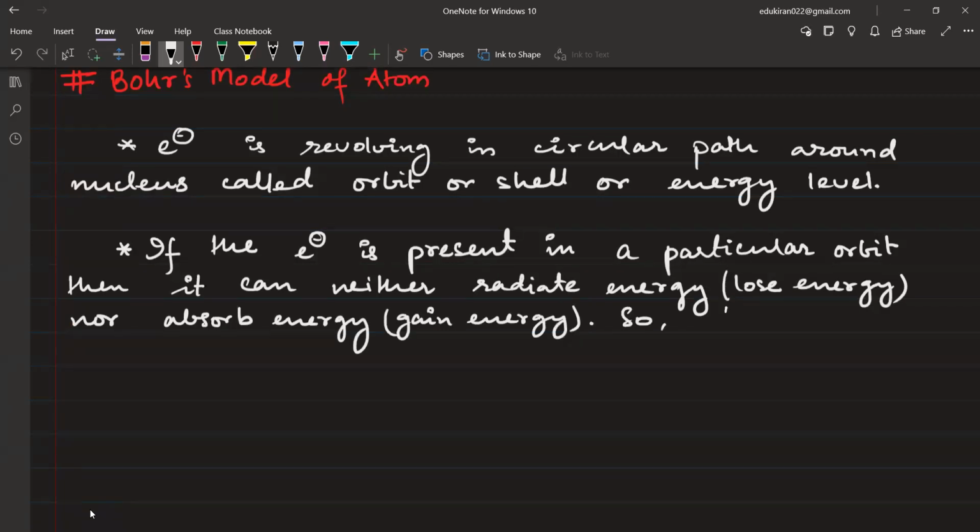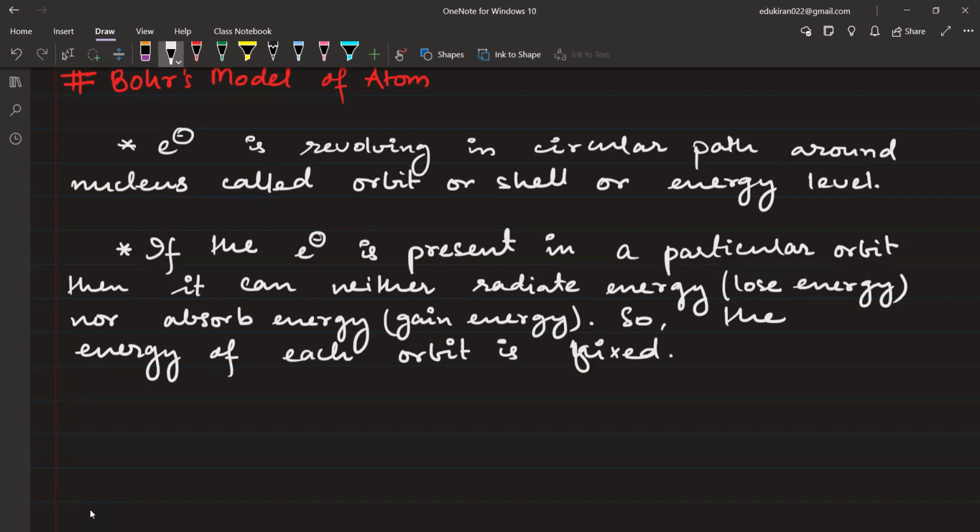So the energy of each orbit is fixed. Now, it is saying that it is neither going to radiate or lose energy, nor is it going to gain any energy.